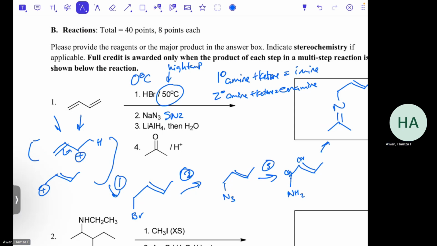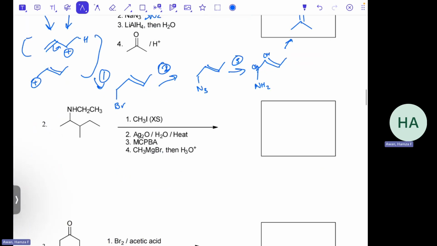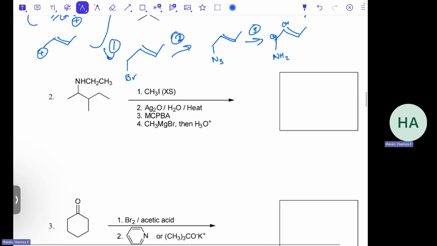All right. So on to the next one. For this one, we have a secondary amine, and we want to react it with the CH3I and the Ag2O. So this is the Hoffman elimination.